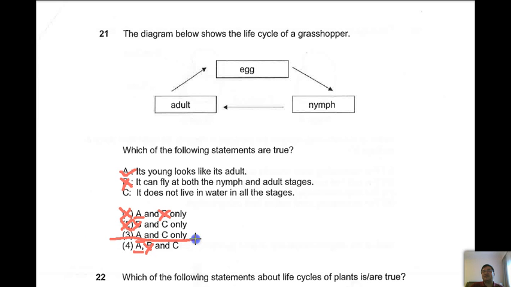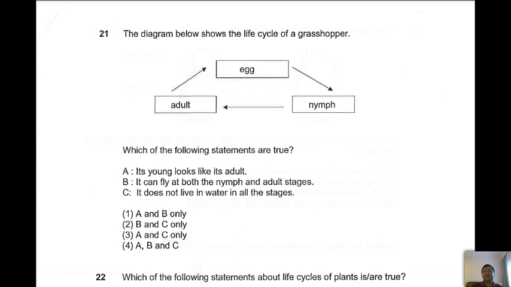You're left with 3 as the answer, but however, as a habit, please read through the last one to confirm. It does not live in water in all stages. This is correct. So A and C are correct. Answer is 3. Hope you learn this method skillfully, and it can help you to speed up answering the questions. All you need to do is to be very sure of some of the facts of the animals and so on.